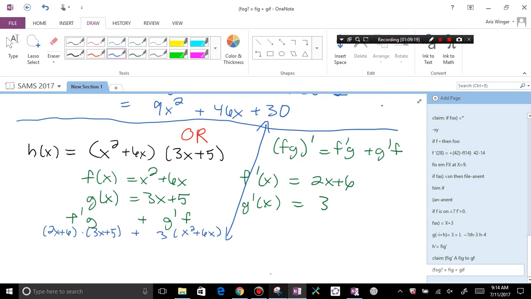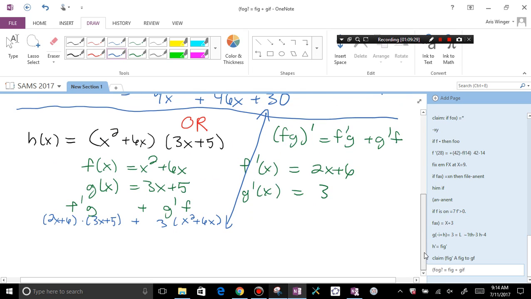Whenever you come across two functions and you're multiplying, you can use the product rule. Questions on that? At this point, full disclosure, we don't have any other functions to multiply, so using the product rule is not that useful.